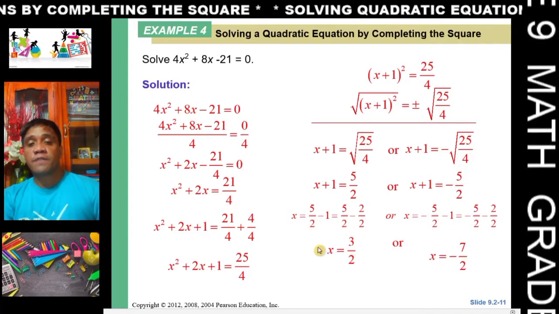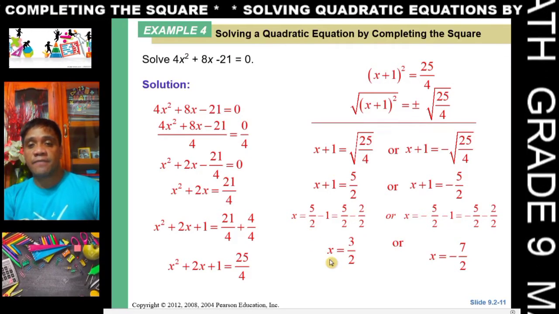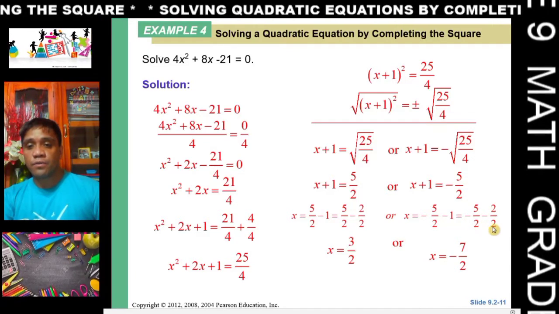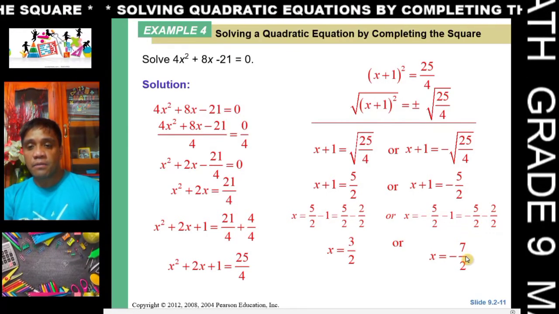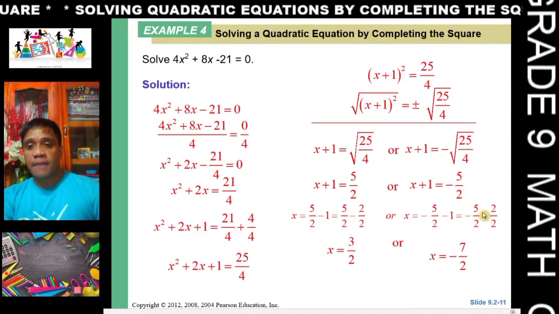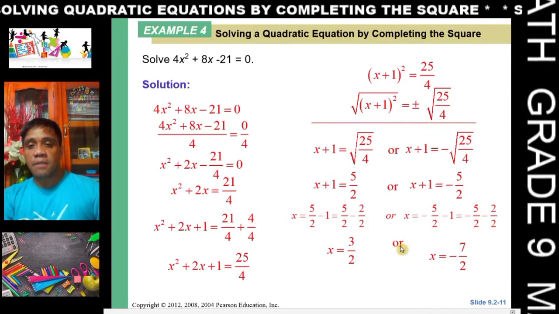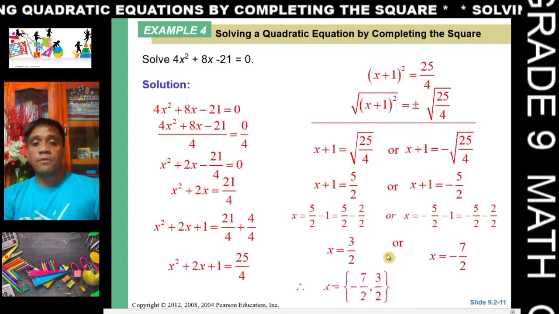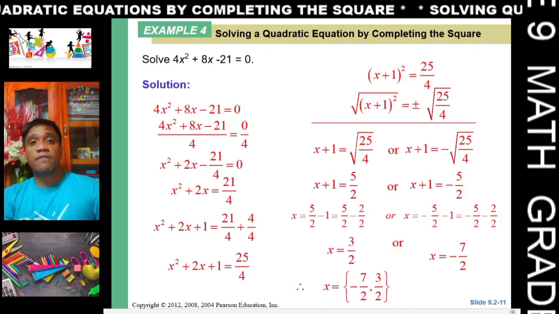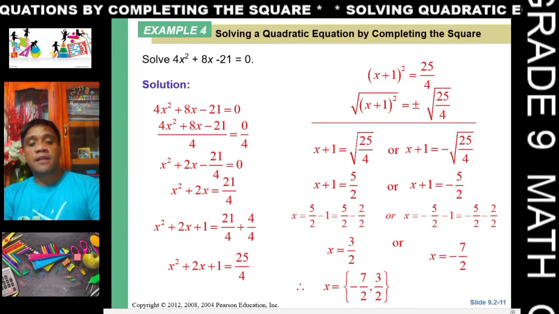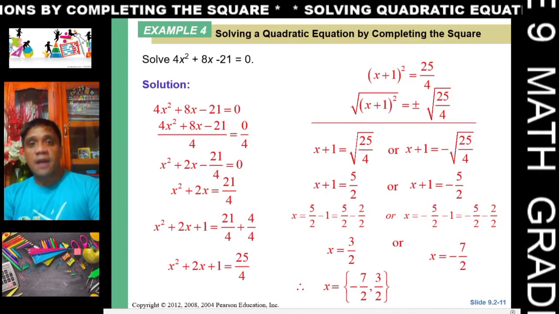So the first value of x is 3 halves, while the other value of x is negative 5 over 2 minus 2 over 2. So we have negative 7 over 2 because negative 5 minus 2 is negative 7. Then copy the denominator 2. So now we could claim that the value of x is equal to the set negative 7 halves, 3 halves.